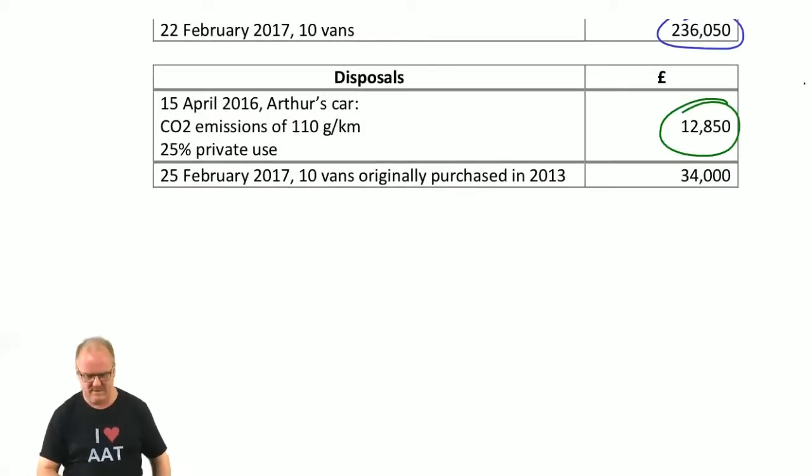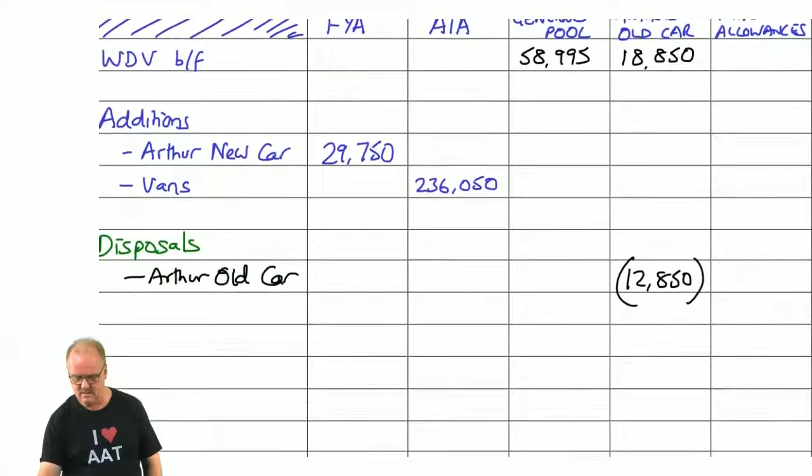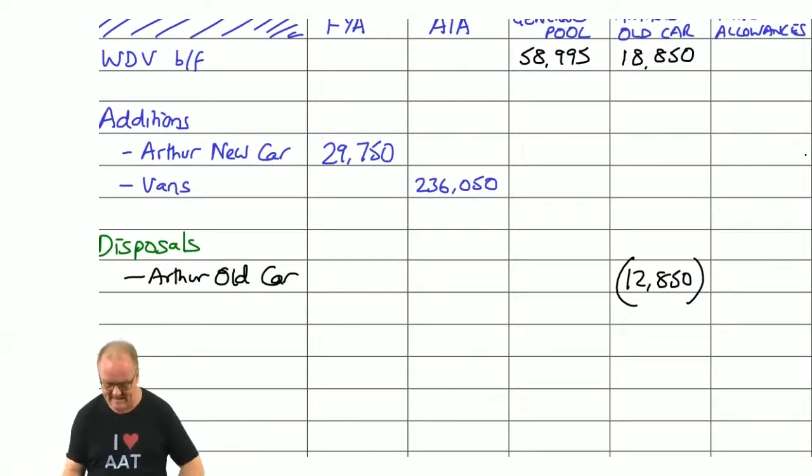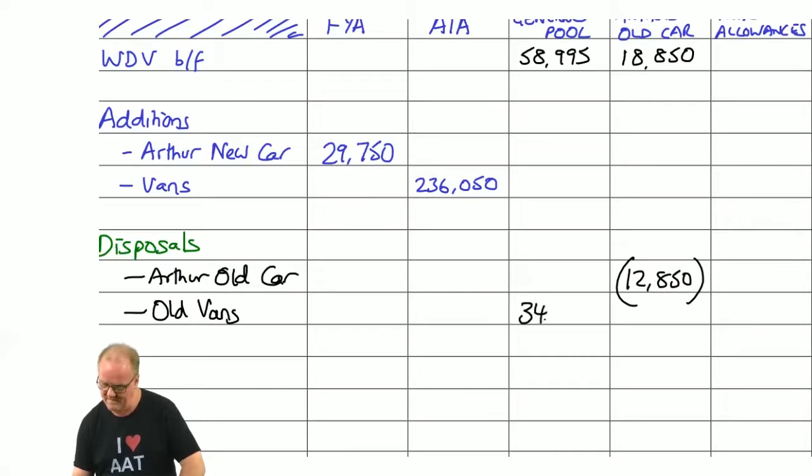It's very close though. Also disposed of during the year are 10 vans, which explains why they bought 10 new vans, and they went for $34,000. Now those vans must be in the general pool because they're brought forward, and that's the only other thing that's there. So off go the old vans. 34,000 in there.